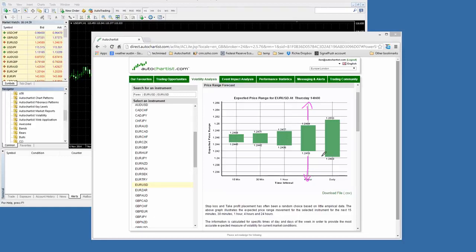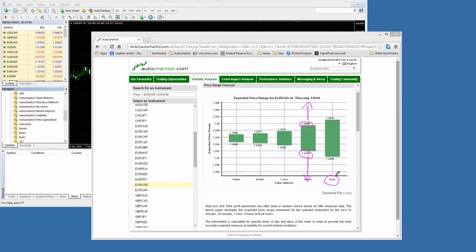So if I'm opening Euro dollar right now, and I want to hold my position for over a day, do you think I should be setting my take profit and stop loss at 124.94 and 124.19 for over a day? No, I should be looking at the daily graph.